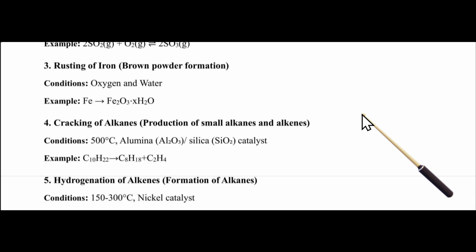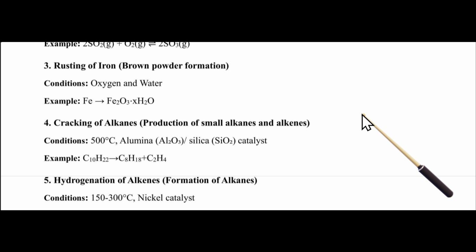In this process, the condition is usually 500 degrees Celsius. So larger alkanes that have more than 20 or 30 carbons, we can make them shorter, and we can get 2 to 8 carbon alkanes or alkenes from them through the process of cracking.